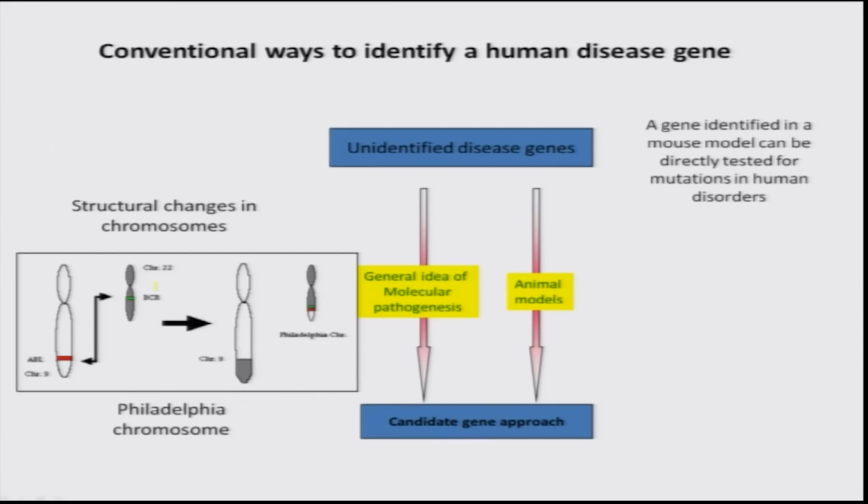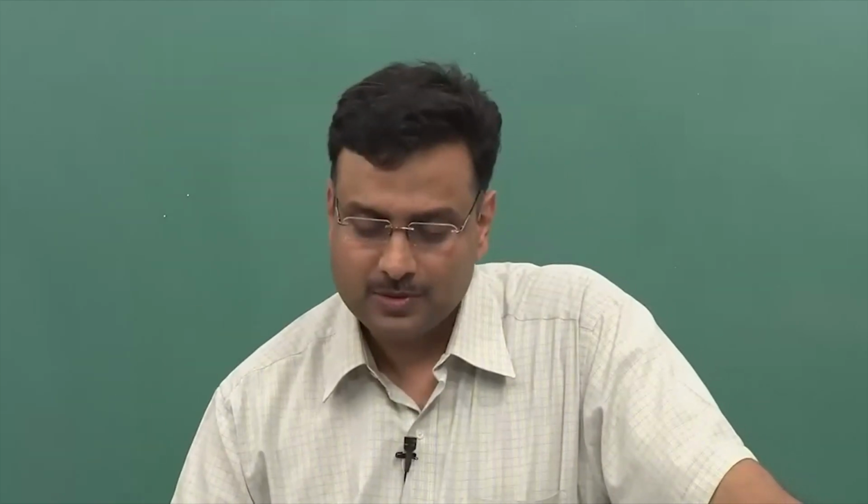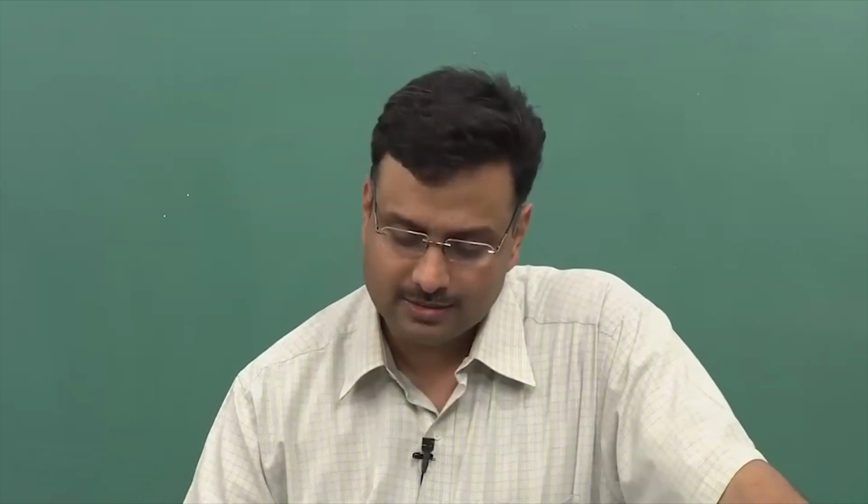As a result, they have a certain defect resulting in a phenotype. And if the phenotype resembles some of the disorders that you see in humans, then you know that the gene that is mutated in mouse is also likely to be mutated in humans. So, you identify the gene that is defective in mouse and look at the corresponding gene in the human and see whether that has a defect.